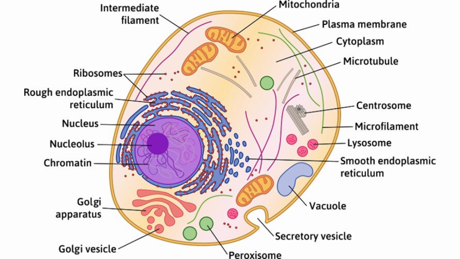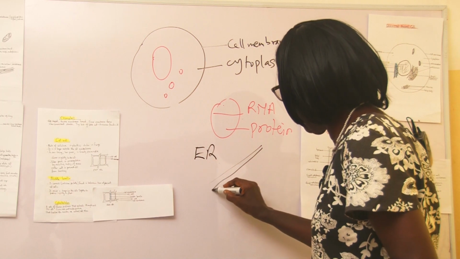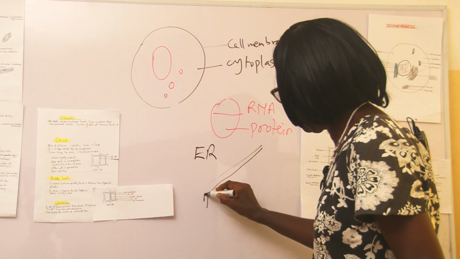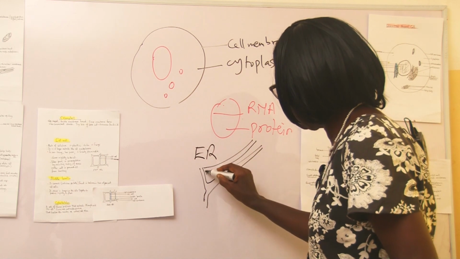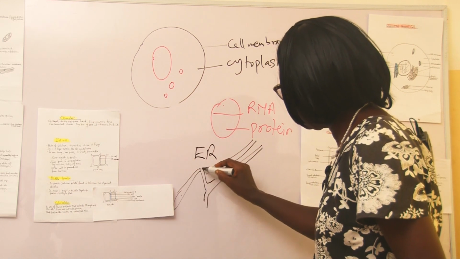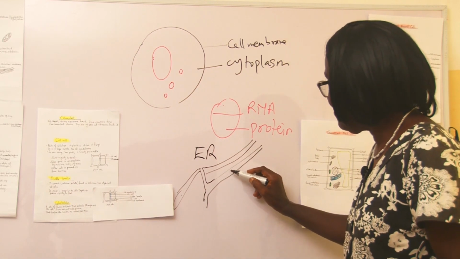Now, the structure ER, simply endoplasmic reticulum here. All right? The endoplasmic reticulum is simply membrane-bound channels. So if you have channels, channels, channels. So this is a channel or canal that is bound by a membrane.